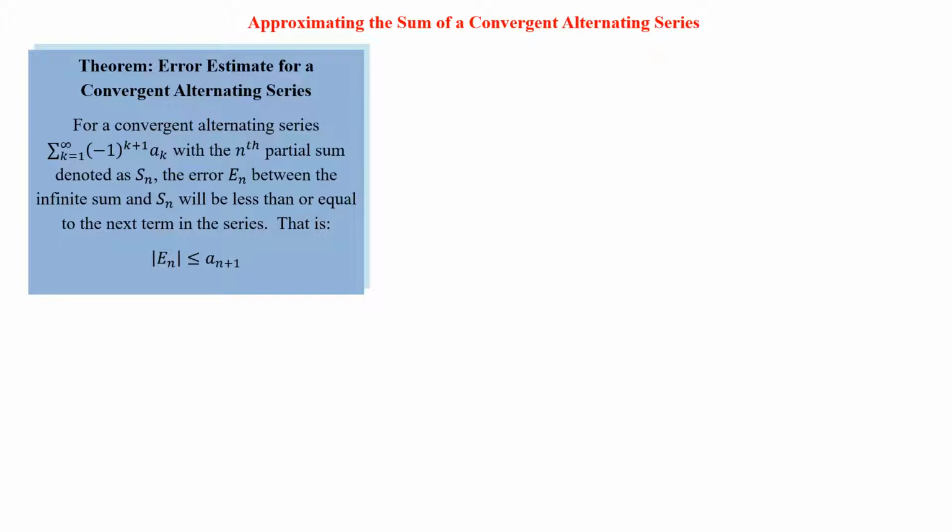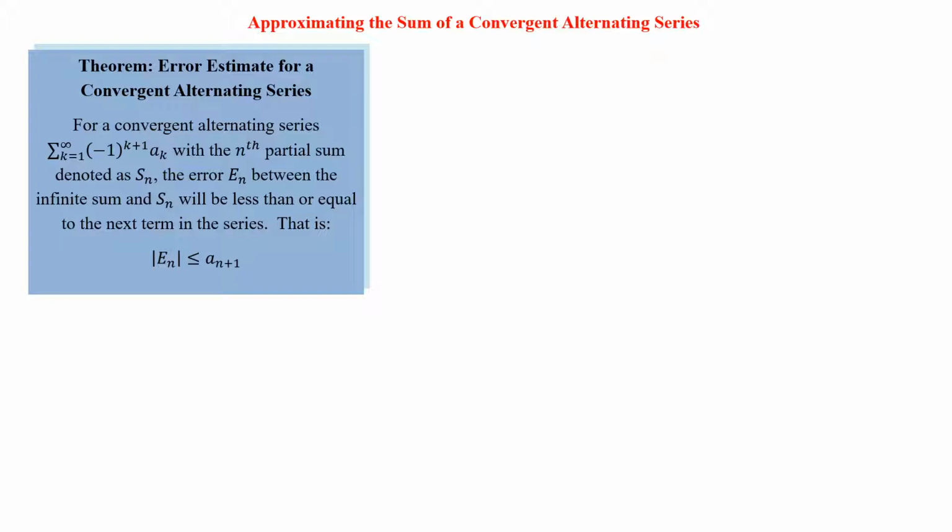So first of all, it has to be a convergent alternating series. It has to meet the criteria that we just saw. And then with a convergent series, we can look at the nth partial sum. So say the third partial sum.